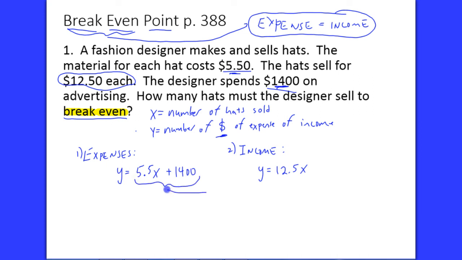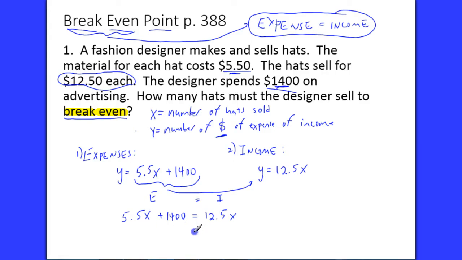We're going to take this and substitute it into there and let them be equal. So the expenses, 5.5x plus 1400, we're going to let that equal 12.5 times x. There we have expenses equals income. Now all we have to do is solve this for x.